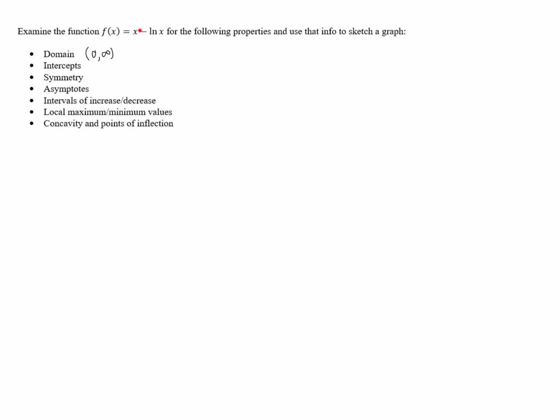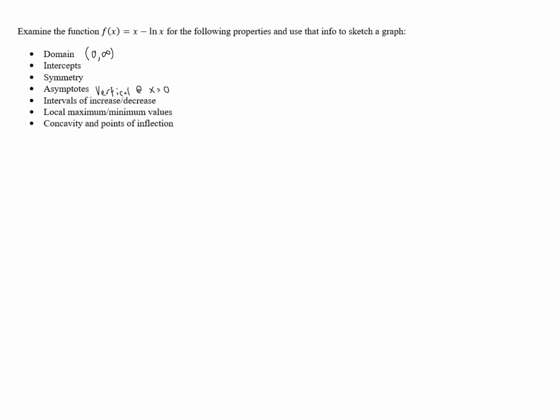There is a second term here, but when x is close to 0, this term is also close to 0, so it is insignificant compared to this. And so we can expect a vertical asymptote at x equals 0, which is the y-axis.